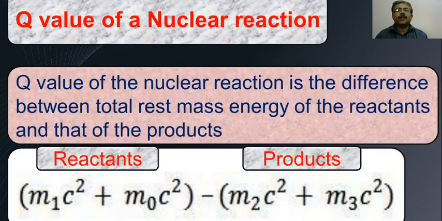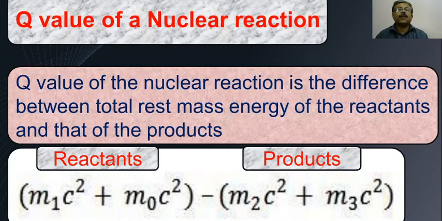Now let us look into an interesting, important aspect of a nuclear reaction. This nuclear reaction, which has this energy exchange, will produce a distinct value of Q, which we call the Q value of a nuclear reaction. Now, what is this Q value of a nuclear reaction? Let us see the definition. The Q value of a nuclear reaction is the difference between the total rest mass energy of the reactants and the products.